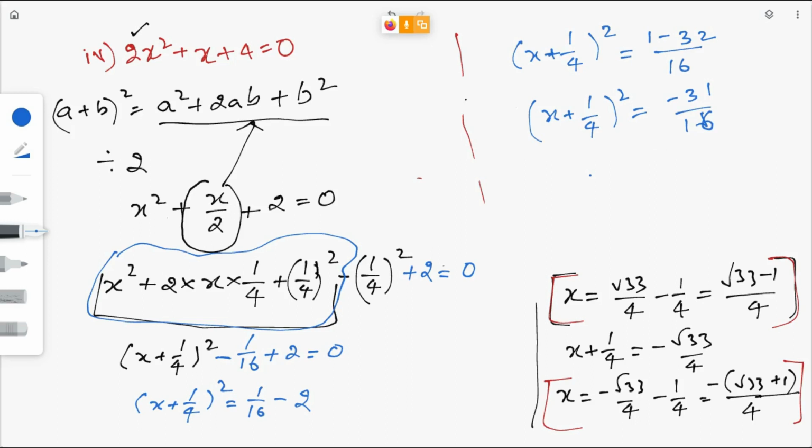Okay. So what is the next step after this? First copy till here and give me the next step. What you will get in the next step?